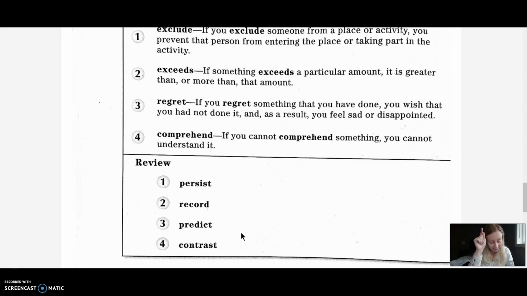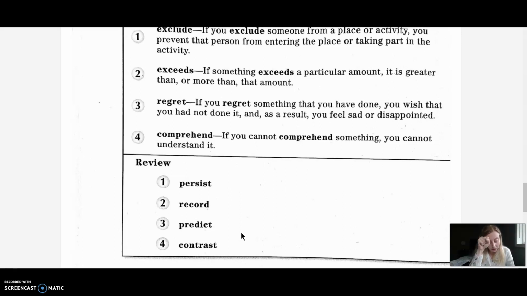Correct. Predict. Nice. Okay, I'm thinking of another word. To keep track of information in order to use it in the future. Correct. You got record.